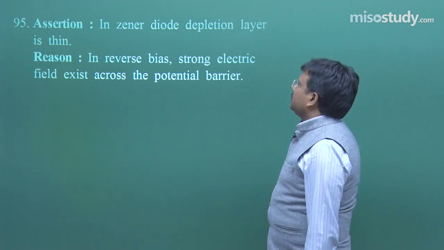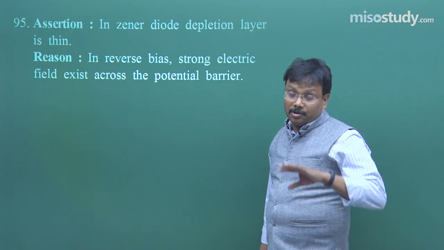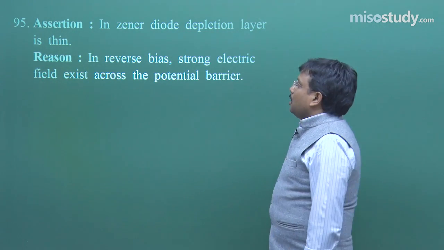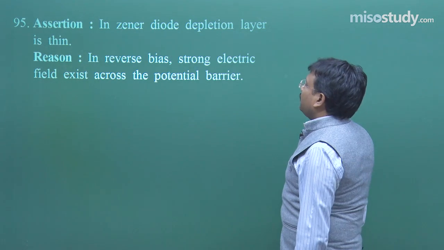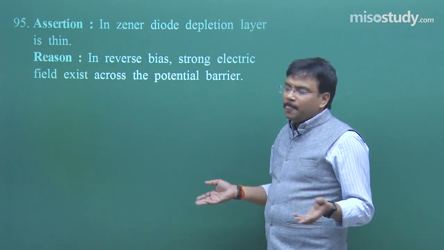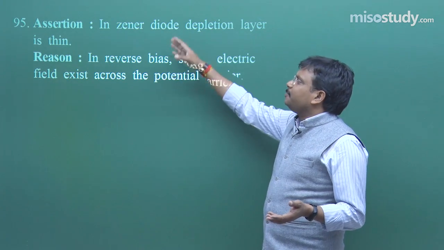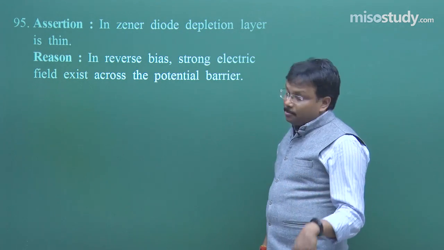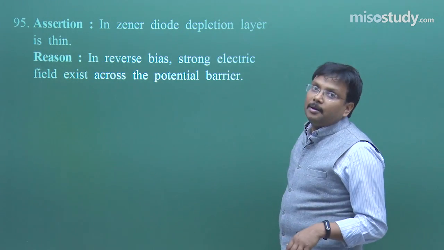This fact is true, Zener diode depletion layer is thin because it works in reverse biasing. In reverse bias, strong electric field exists across the potential barrier. So, both are simple facts, both are true, but the reason is not explaining this assertion. So, in my opinion, the correct option is B.